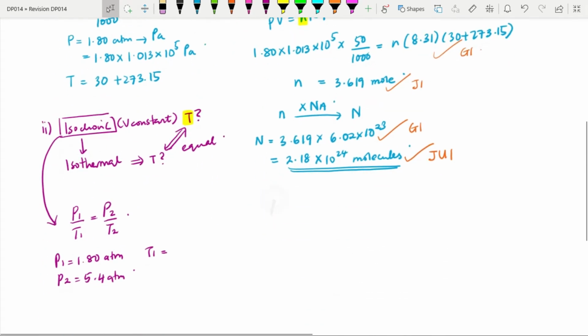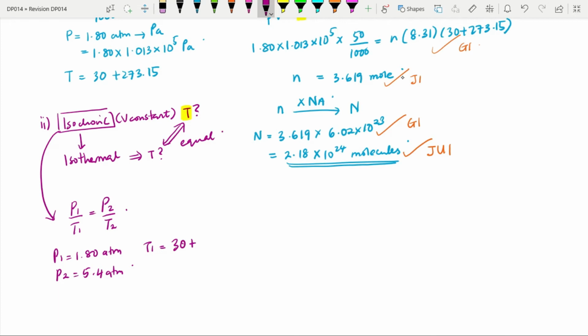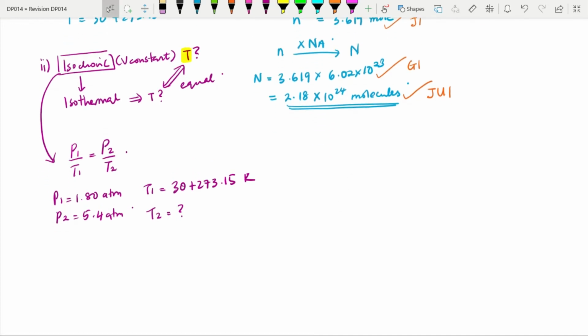So temperature wajib convert kepada Kelvin ya. Kemudian T2 yang kita tak tahu berapa. Air tu is heated, jadi temperature dia akan increase. So ini adalah isochoric punya formula according to Gay-Lussac law.